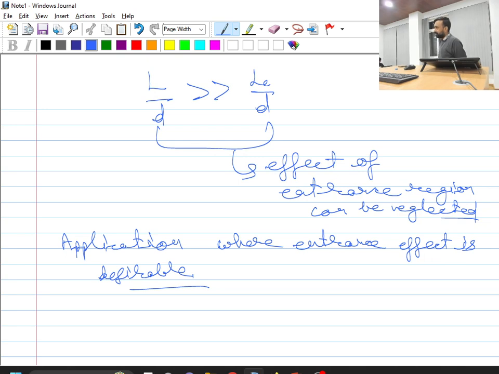Have you heard of wind tunnel testing? Say if you talk about testing of an aeroplane. As I told you, we need not make the full scale prototype. We can make a small model of the aerofoil, and then we can put it inside some flow duct where we can give a very high flow rate, which can meet the flow conditions identical to our actual situation of the airfoil.